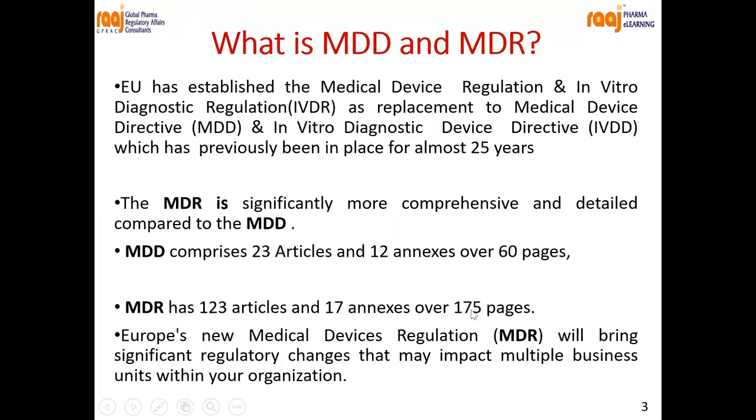So you can see there are huge changes: 60 pages to 175 pages, 12 annexes to 17 annexes, and 23 articles to 123 articles. Europe's new medical device regulations will bring significant regulatory changes that may impact multiple business units within your organization.